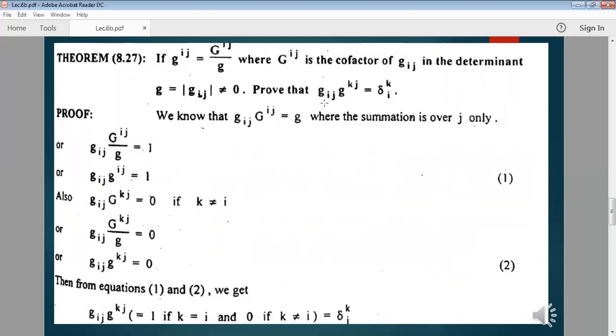We have g_ij in covariant form as a metric and g^ij in contravariant form. In this one i j and in this one k j, the index is the same in both terms, so it is contracted and gives answer delta kj.